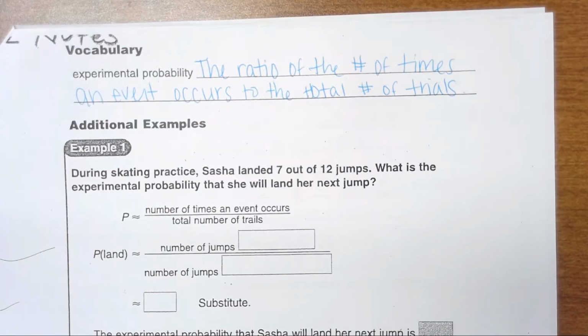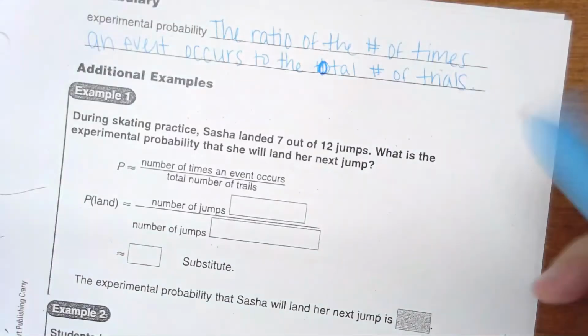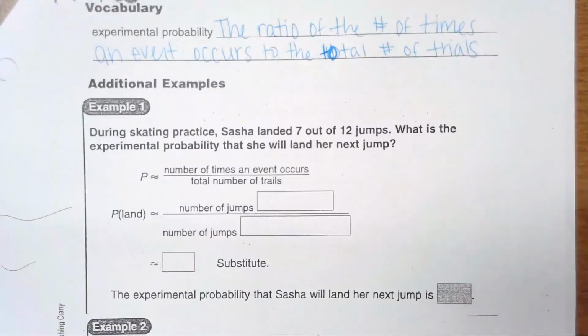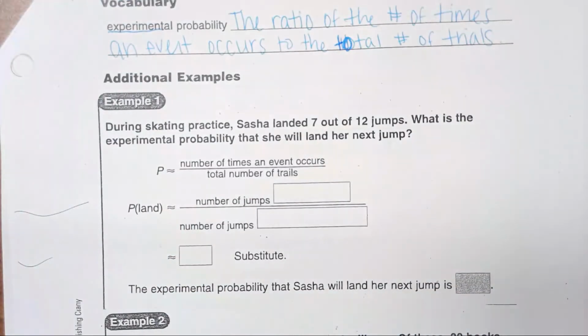So experimental probability is the ratio of the number of times an event occurs to the total number of trials. So theoretical probability is what's supposed to happen. Experimental probability is what happened in the experiment. Okay, and that's easy to remember because experiment is in the word experimental.